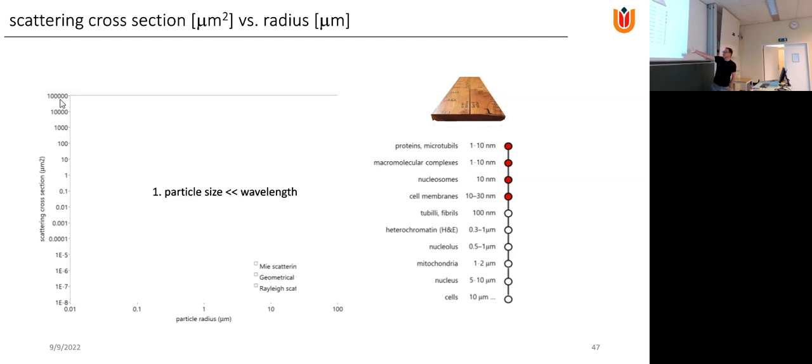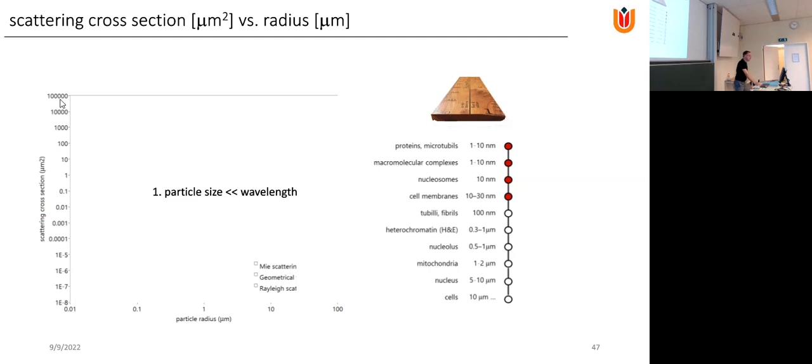We have this whole distribution of possible scattering particles inside the tissue. Let's say we illuminate with visible light, so we can make a distinction into particles that are much smaller than the wavelength, say up to 30 nanometers or so, that would typically be cell membranes; particles that are almost the size of the wavelength, so cellular components, the nucleus for example; and then the larger particles that could be cells.